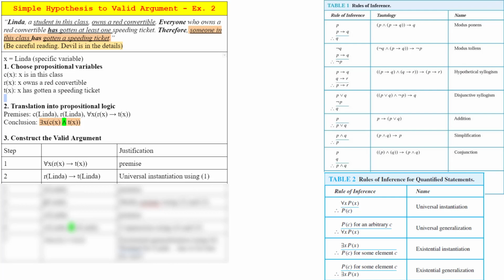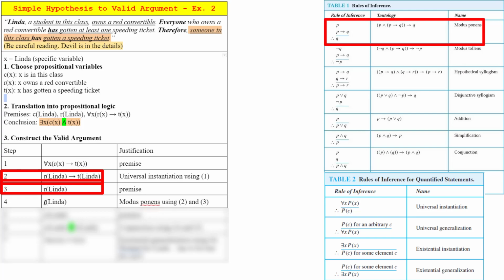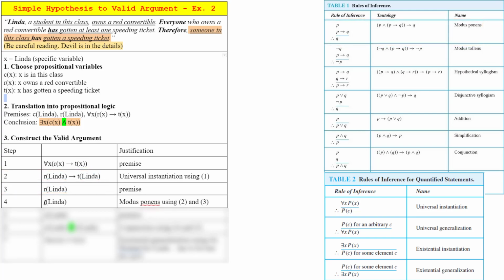So now we're given another implication that we really need to solve piece by piece. First, we need to establish that the R for Linda is true, and frankly, we do have that. It's a premise already. So now we have to worry about the T portion of it, and thankfully, using modus ponens again on lines 2 and 3, we're able to solve the T portion of that overall implication.